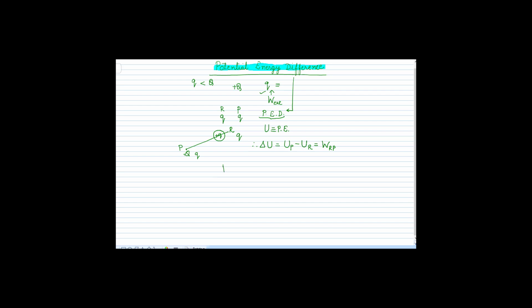That the potential energy difference is equal to the work done by an external force in moving that charge from point R to point P. Right? Should I repeat it once again? Okay, then the work done by an external force on moving the charge from one point to another in an electric field. That is the definition of potential energy difference.